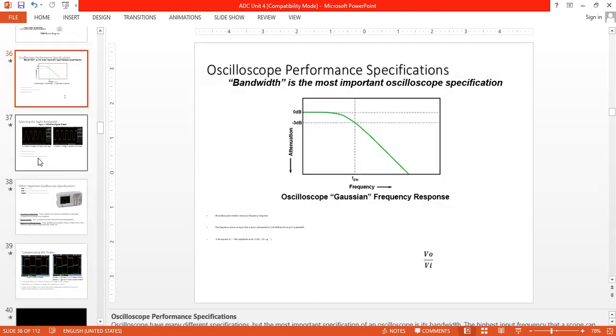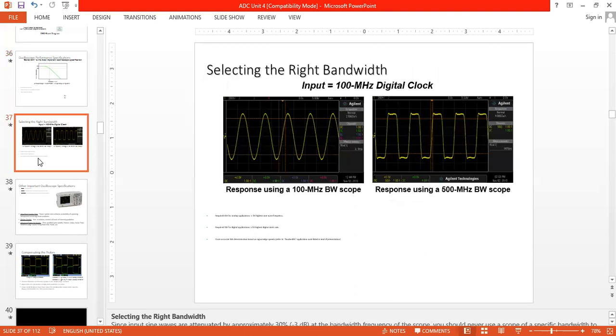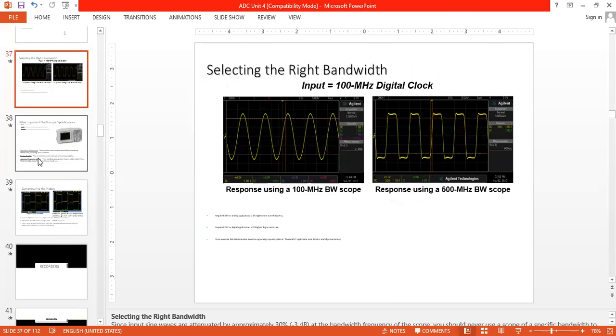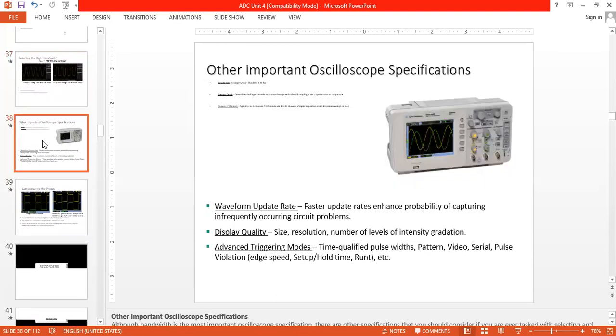Oscilloscope performance specifications: the bandwidth is the most important oscilloscope specification. It has a Gaussian frequency response, V out divided by V in. So select the right bandwidth for the use of the scope. Another important specification is waveform update rate.